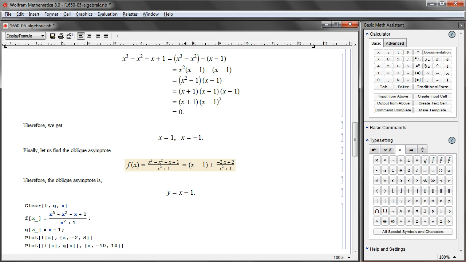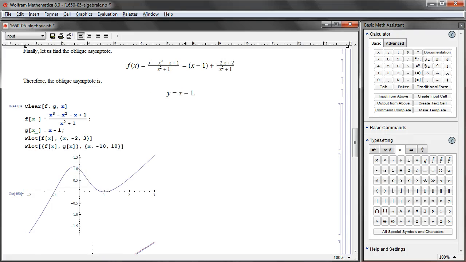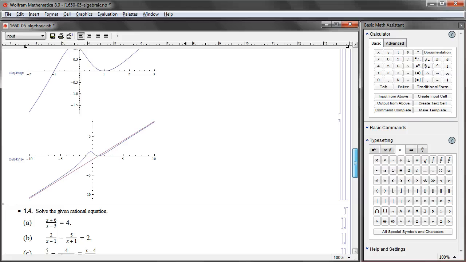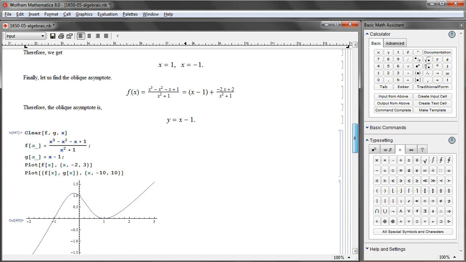So y equals x minus 1 is a line, and then we have this fraction which is getting very, very close to 0 when x is sufficiently large, either left hand side or right hand side. So asymptotically we are going to get y equals this quotient, x minus 1. That's going to be my asymptote. We have this kind of graph, and we have the same asymptote we found out.